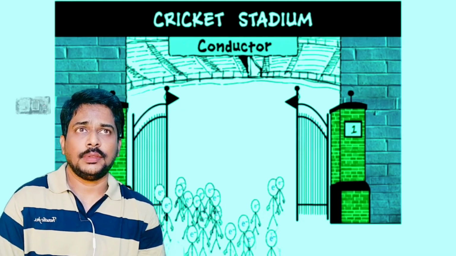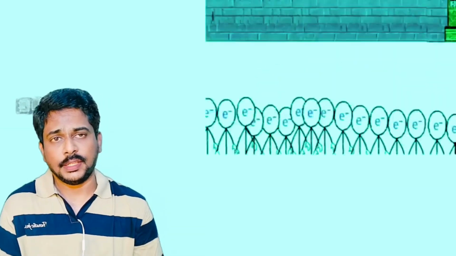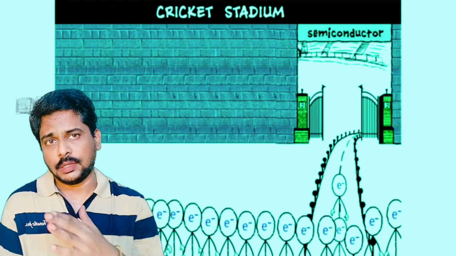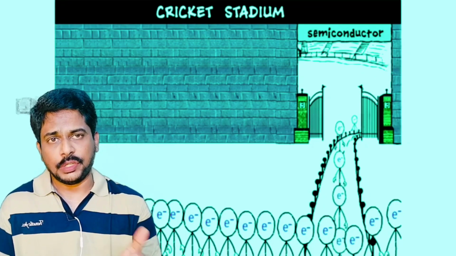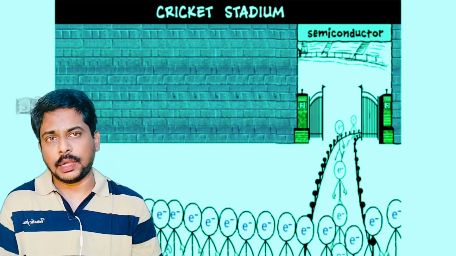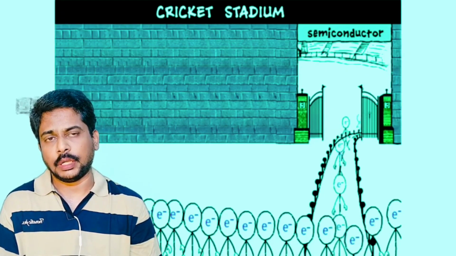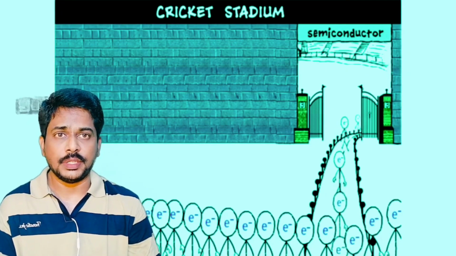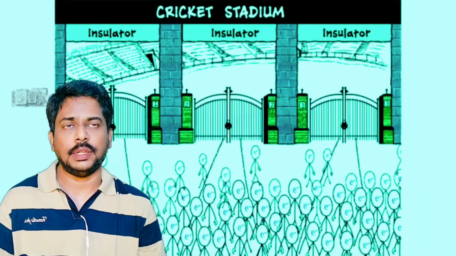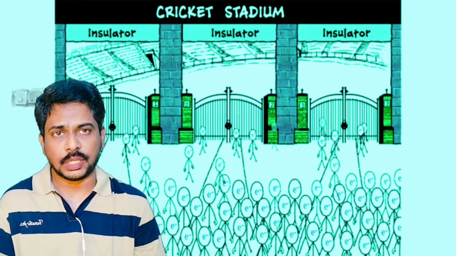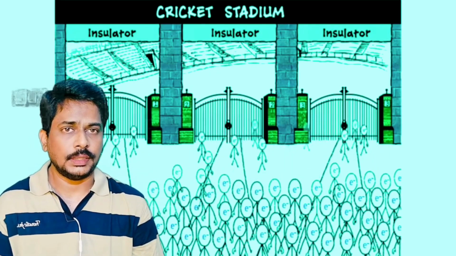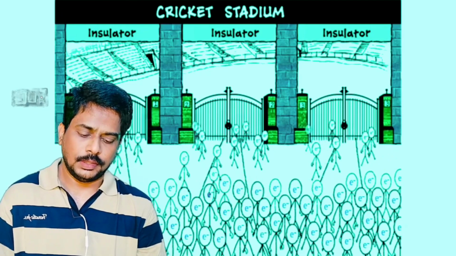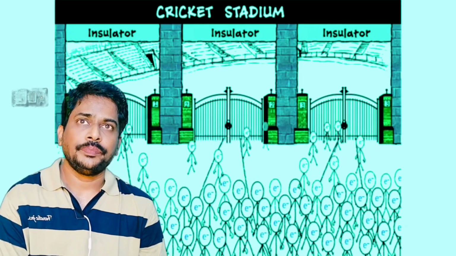And the second is the semiconductor, whose property lies between the insulators and the conductors, and they act as insulators at room temperature or until they attain a particular specified condition. And the third one we already know, the insulator, which has no free electrons at all, and no current flows from one side to the other.